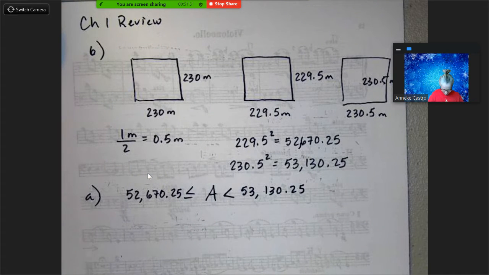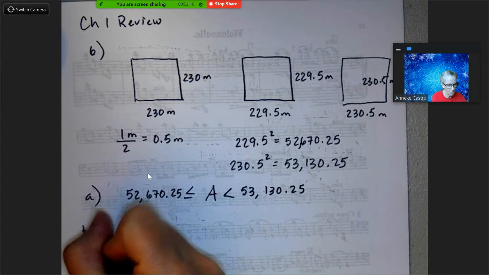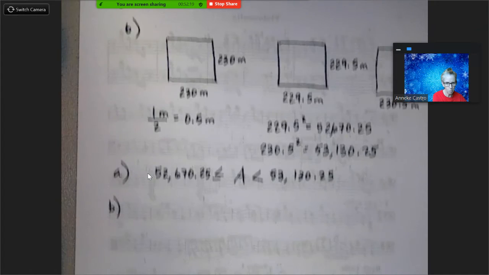Okay, part B says if you were to try and fit a bunch of football pitches into this square, how many could you fit? And they say that the width of a football pitch has to be between 64 and 75 meters, and the length must be between 100 and 110. So for part B, I'm just going to think about what's the smallest football pitch.